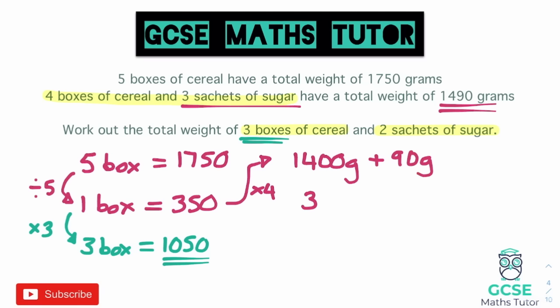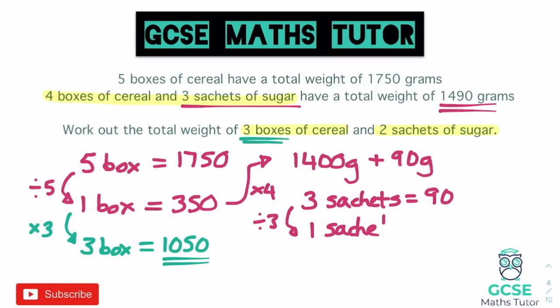So we can write that down. So 3 sachets is equal to 90. Of course, we want to break that down and go back to 1 sachet. So we can divide that by 3. So if we divide that by 3, we're going to get that 1 sachet is equal to 30.